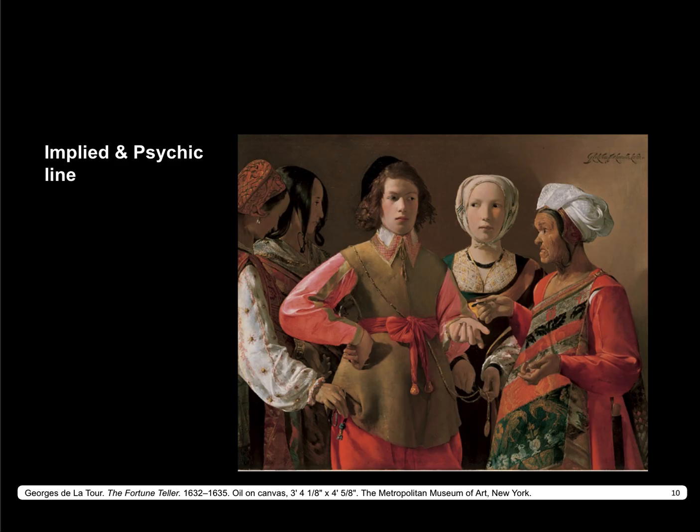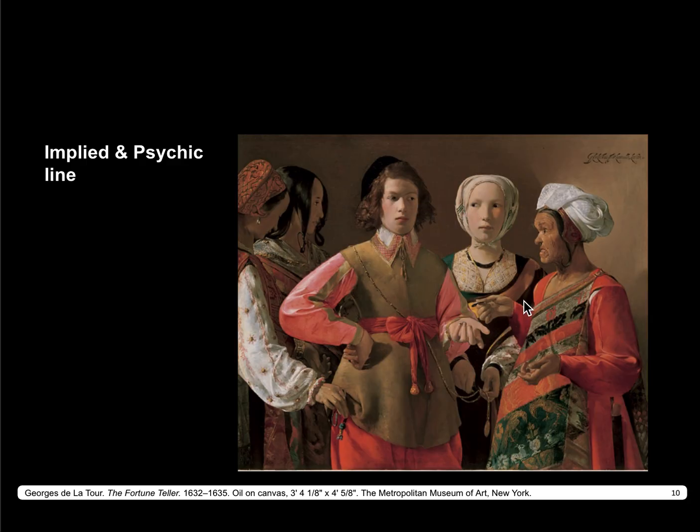And that is by implied line with this painting, because we can see this person's eyes are looking at this person's eyes, and then you immediately want to see who this one's looking at, and you see that there are two more people here.